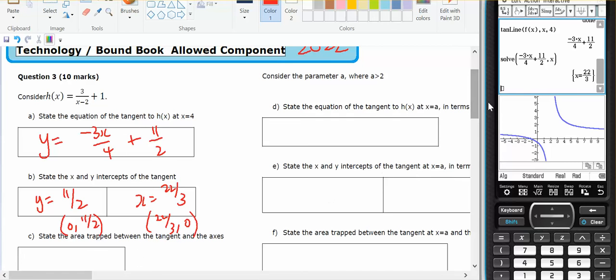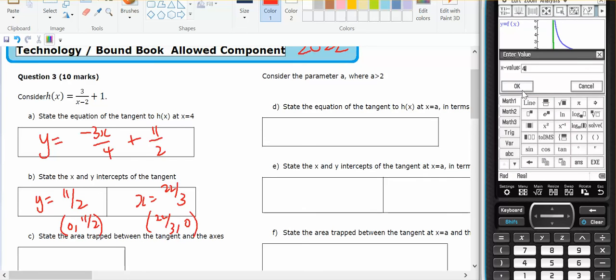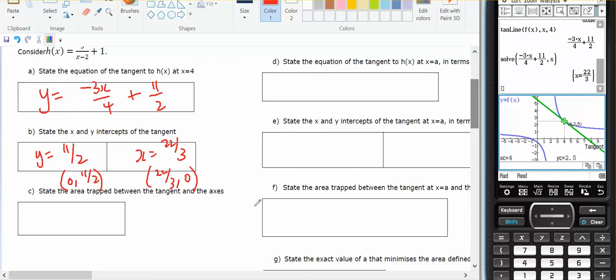Find the area trapped. Well, it's at 4, so if I go analysis, sketch, tangent at 4, it draws it. I know that I've got a triangle there. I can do two things to find the area.